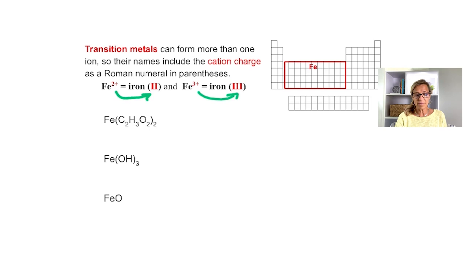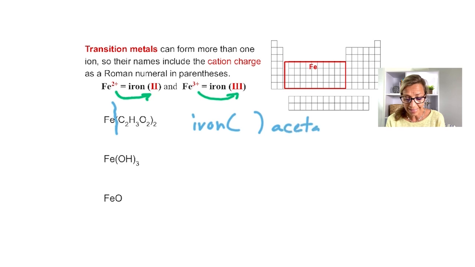So let's name this compound here. First of all, we've got to figure out it's iron something, right? I'm going to break it in two. Okay, now that thing on the back side has to be the anion. And if you look on your list, you will see that that is acetate. So I'm going to say this is iron, and I'm just going to leave parentheses because I've got to put the charge in there. And then the anion is acetate.